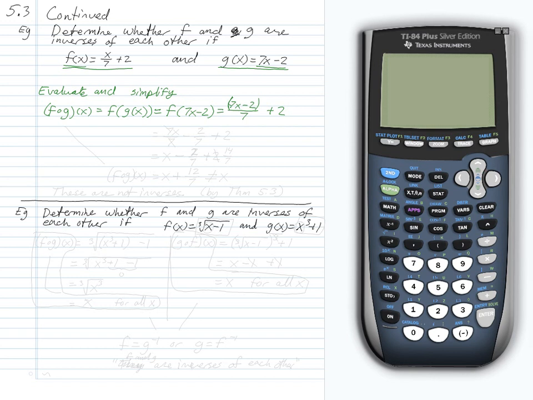Alright. So if I wanted to simplify this, one way that I might do that would be to think of 7x minus 2 over 7 as 7x over 7 minus 2 over 7.